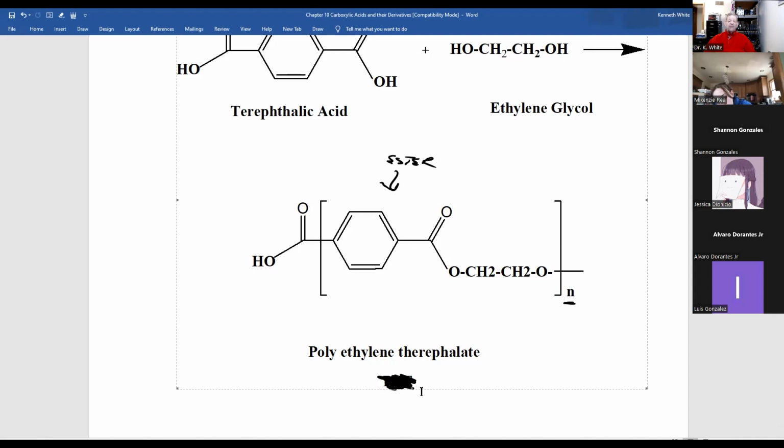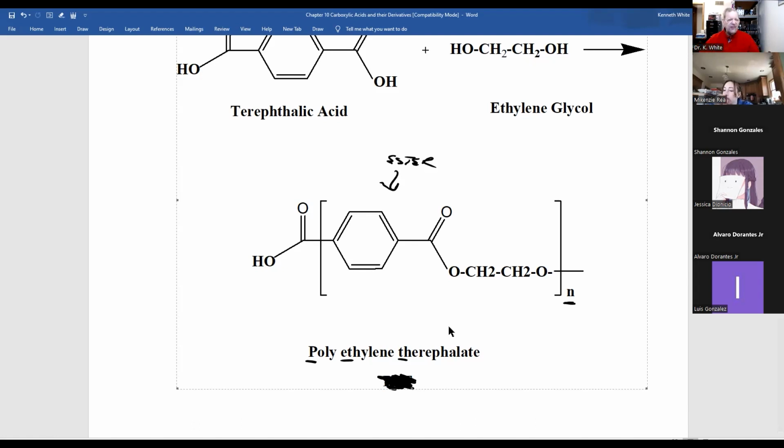Well, this is called polyethylene terephthalate. That's a lot to say. Hold on a second, I'm getting thirsty. Polyethylene terephthalate, make me thirsty again.